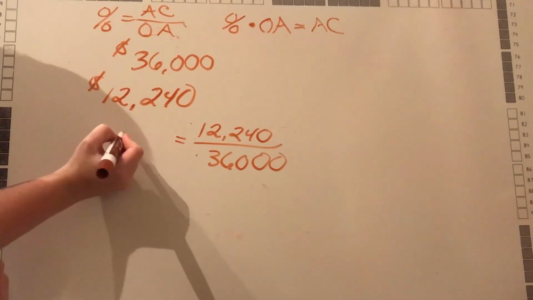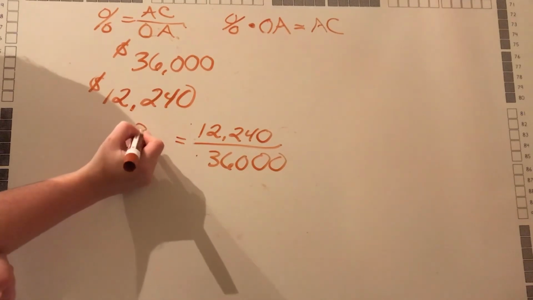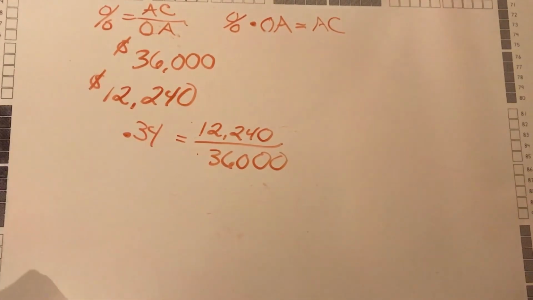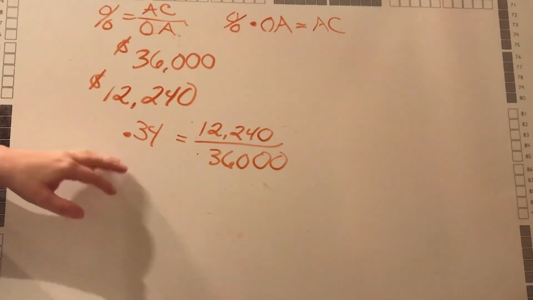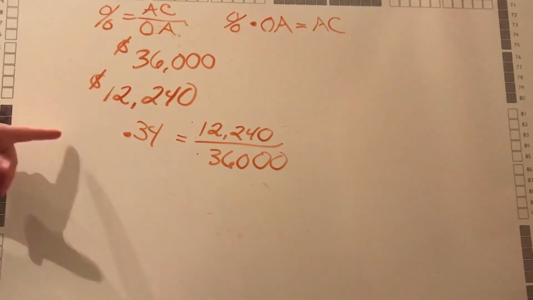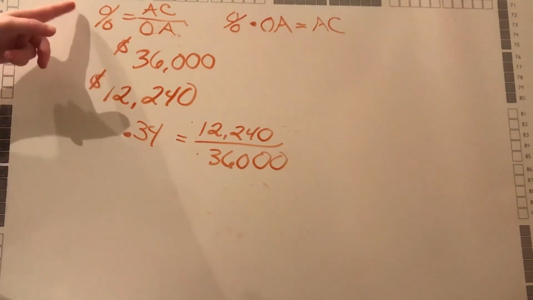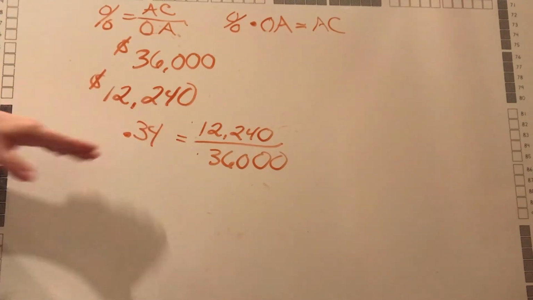And I'm assuming your answer is going to be a decimal of 0.34, which they would then turn into a percent of 34%. That is my assumption. Now you can go ahead and try it on a calculator. I don't have one with me on hand. And tell me if that's what you get. If you get 0.34, I bet that that's what you would get. I bet if you follow this formula, you'll get your percentage.